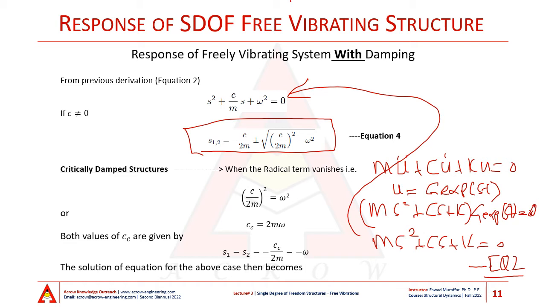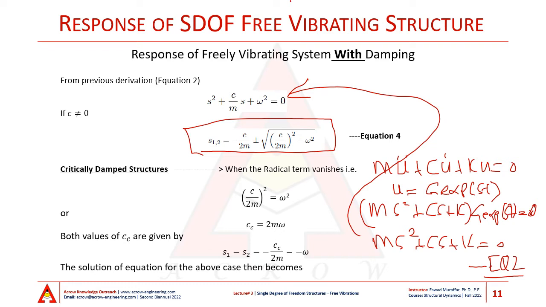Let us first consider the scenario of a critically damped system. For this system, the terms under the square root should vanish. That means that c over 2m squared should be equal to omega squared. Omega is the cyclic frequency of our dynamically vibrating system.